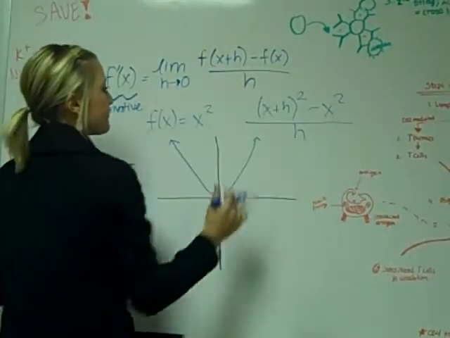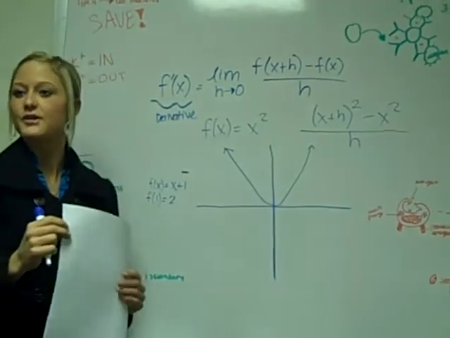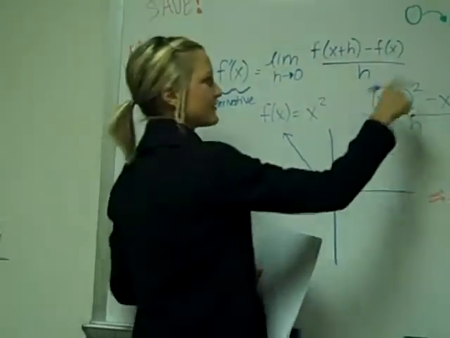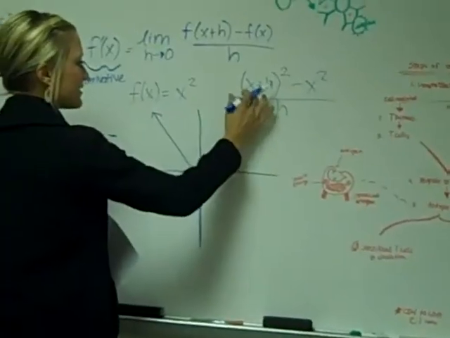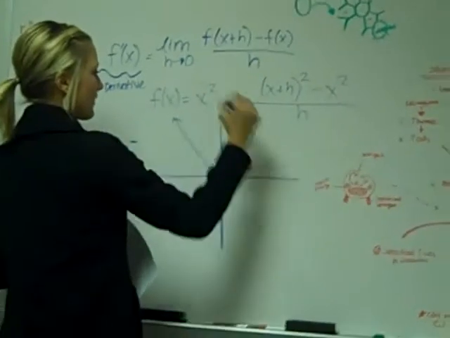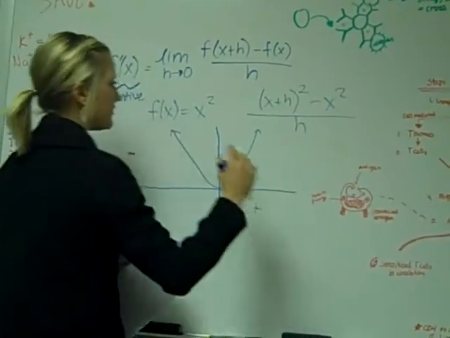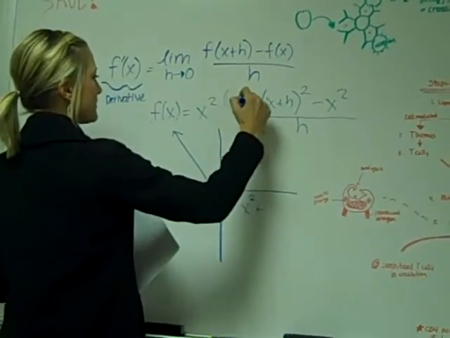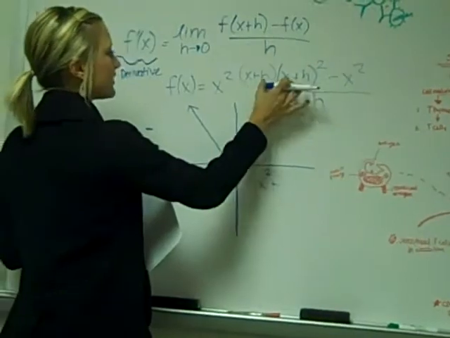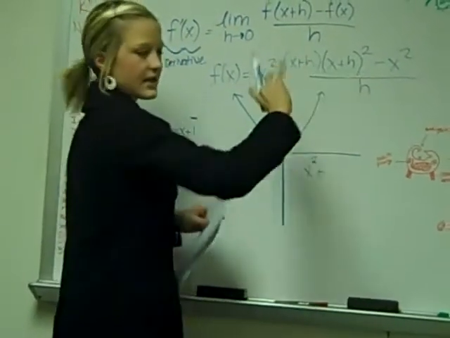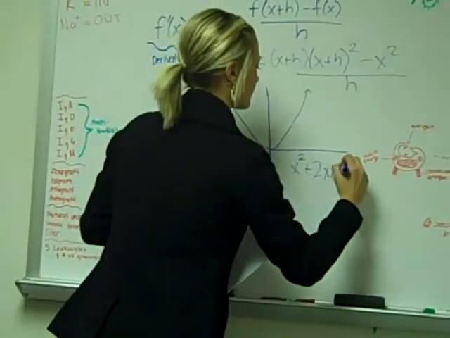Okay, so then if you do foiling, do you remember how to foil? Where you do First, Outside, Inside, Last. So can you guys walk me through what this would read? X squared plus XH plus HX, so 2xh, plus h squared.